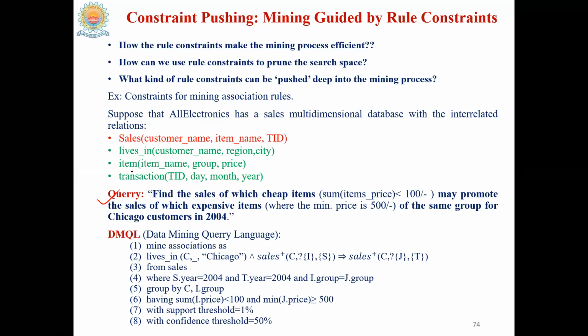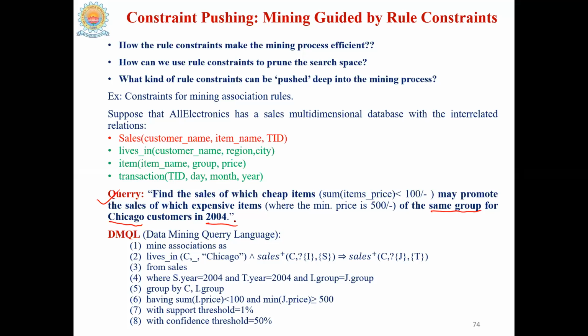They have also given some constraints: a cheap item means the sum of all items' price should be less than 100, and the costliest item means its minimum price starts at 500. At the same time, both the cheap and costliest items should belong to the same group, the city should be Chicago, and all these transactions belong to the year 2004. Like this, in the query itself, they have given several constraints.